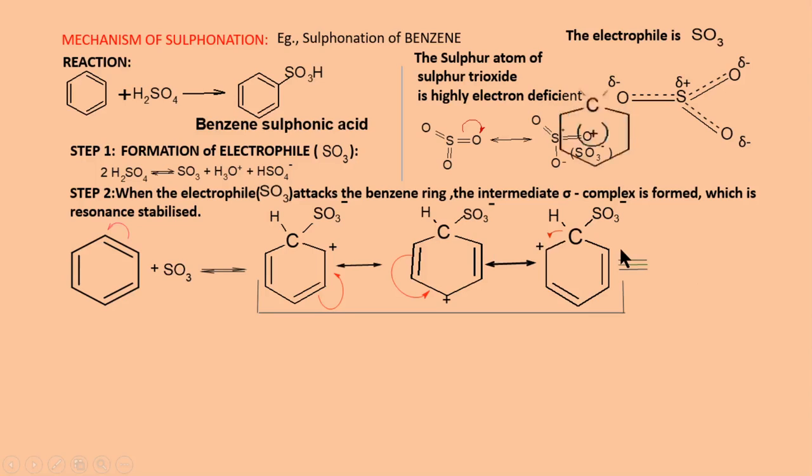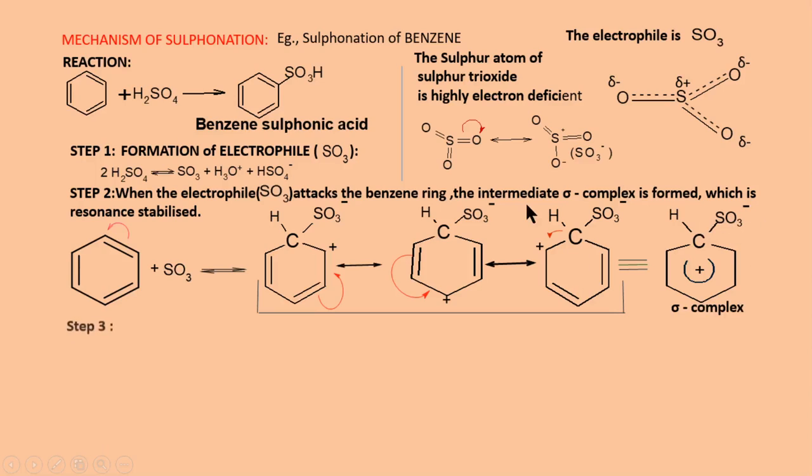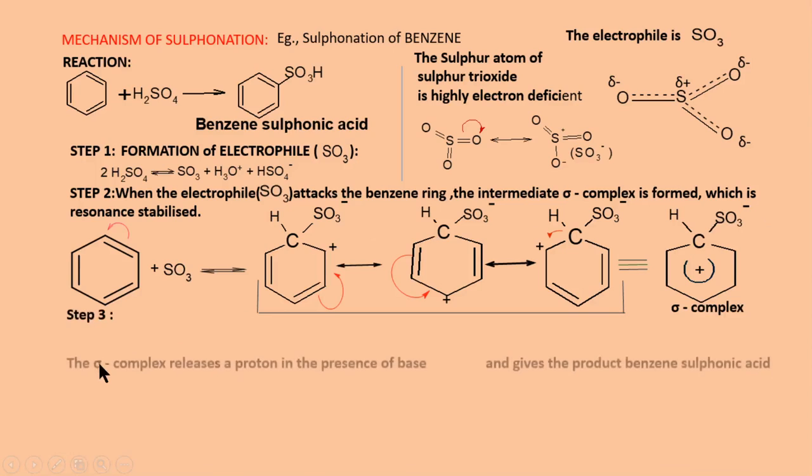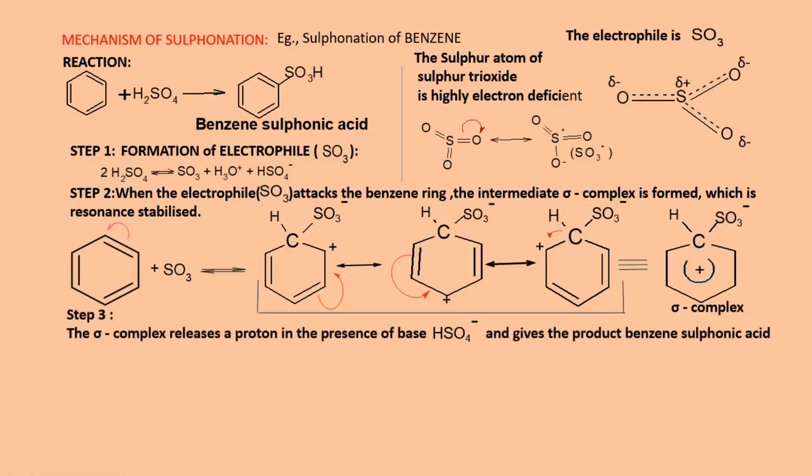So the whole thing is equivalent to the sigma complex formation. In all these cases, SO3 should be represented as SO3 minus. So in step 3, when we consider the sigma complex, it releases the proton in the presence of the base, and it gives rise to benzene sulfonic acid.